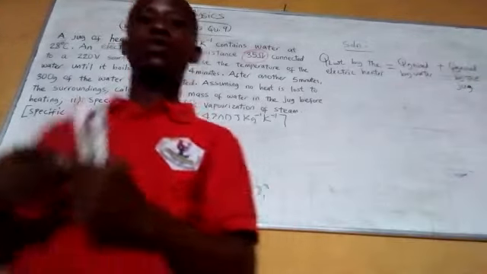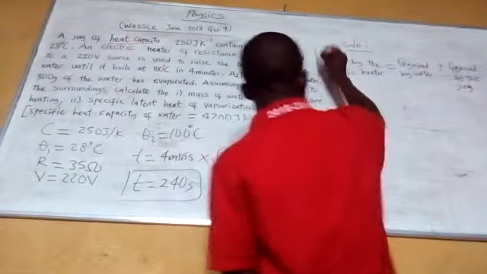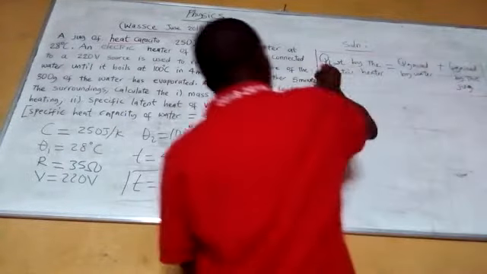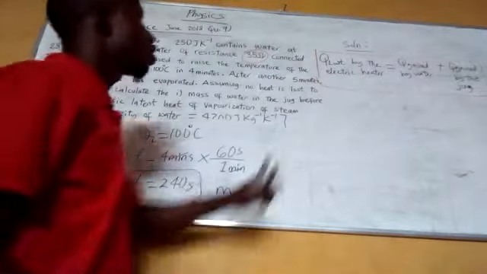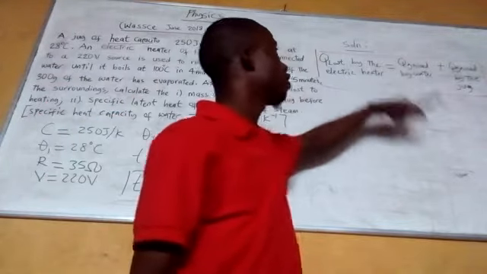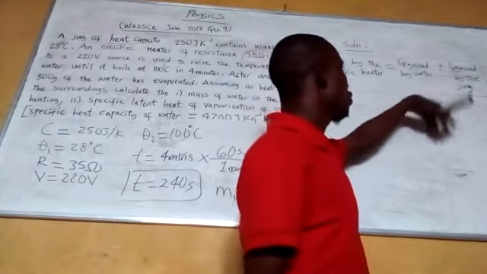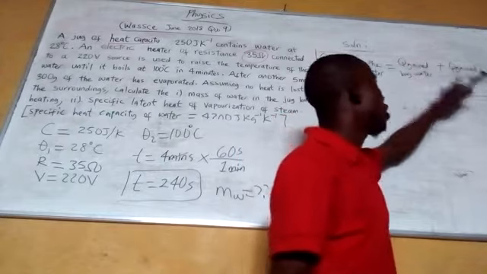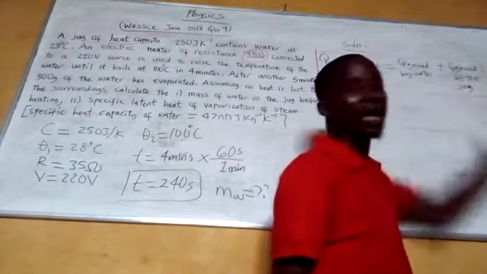So this has been written as an expression: Q, the quantity of heat lost by the electric heater, should be equal to the quantity of heat gained by water plus the quantity of heat gained by the jar.